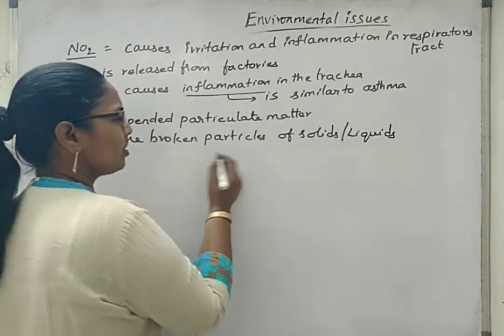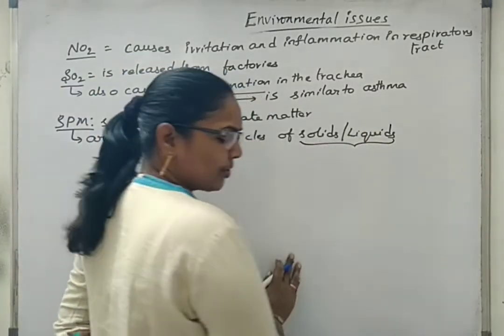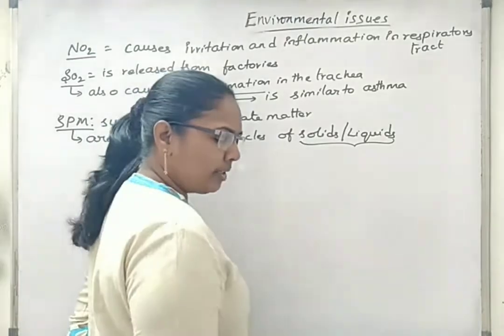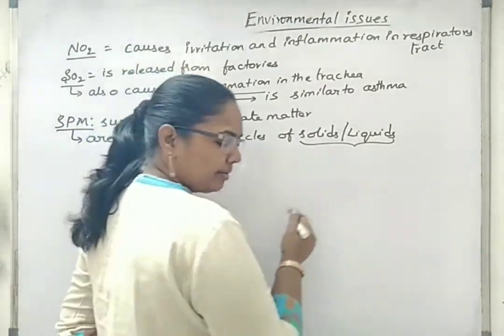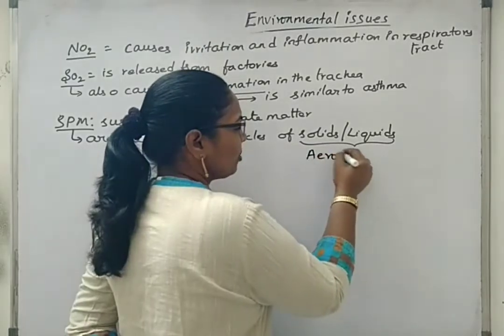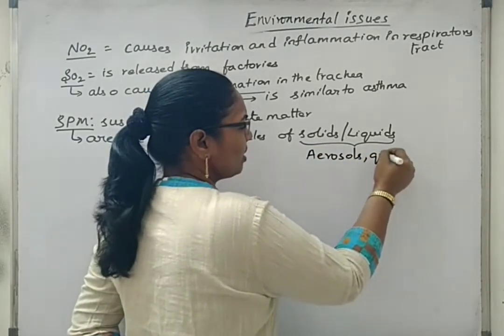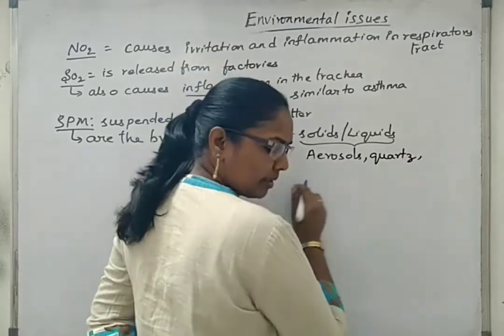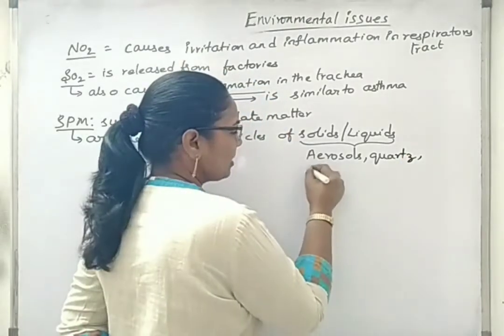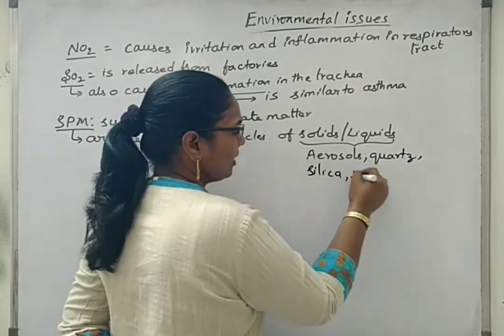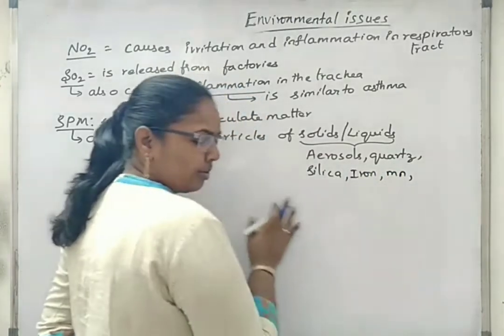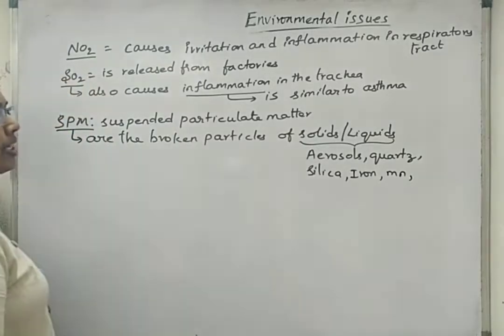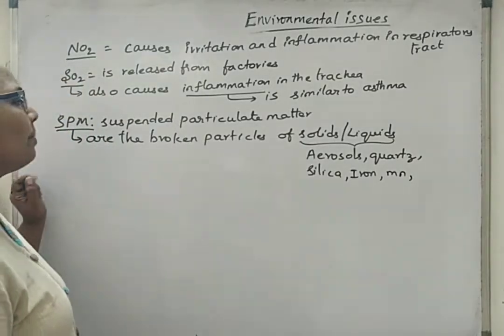So, what are those solid or liquid substances that are majorly responsible for formation of suspended particulate matter? Those can be aerosols, quartz, silica, iron, manganese. So these are some of the examples which are majorly causing suspended particulate matter.